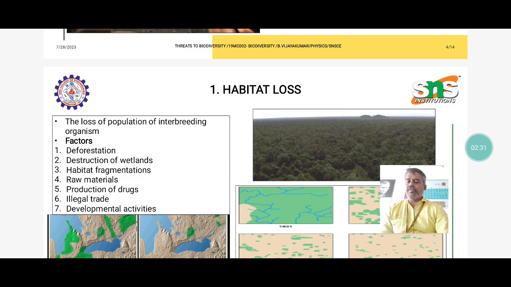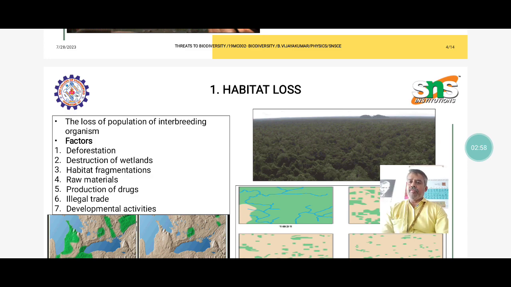Then destruction of wetland, where wetland is changed to dry land or other uses, also affects biodiversity. The next ones are habitat fragmentation, raw materials, production of drugs, illegal trading, and developmental activities.